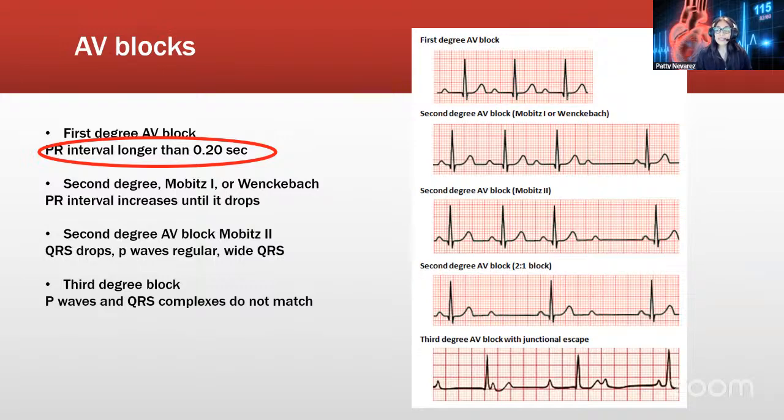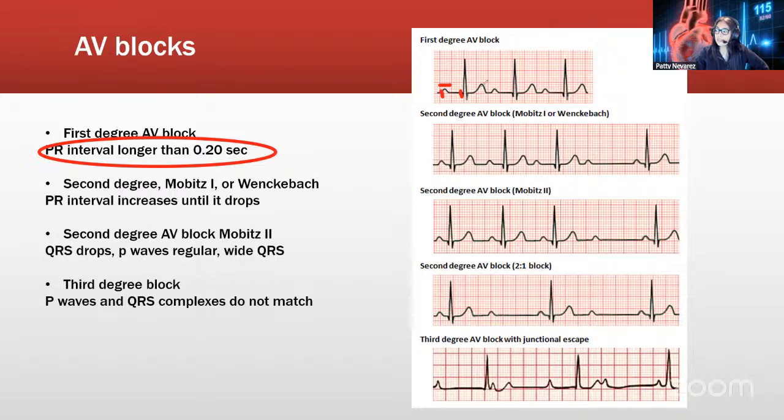So this is really easy to identify because we can just look at the larger blocks. If your PR interval, the beginning of the P to the beginning of the QRS, is longer than 1 large square, that could be a condition for a first degree block.